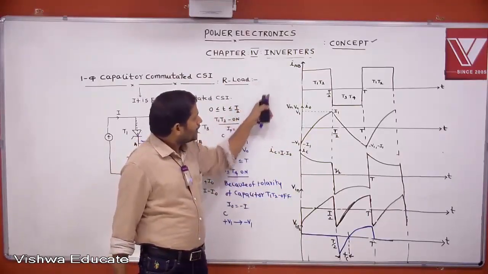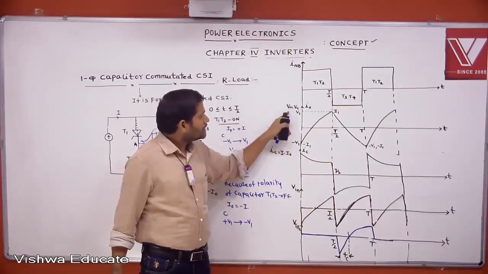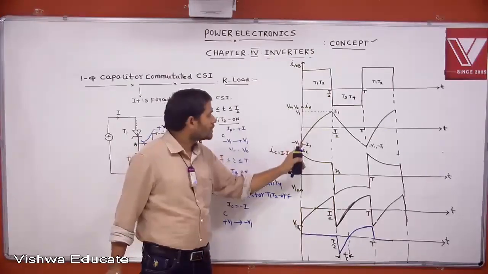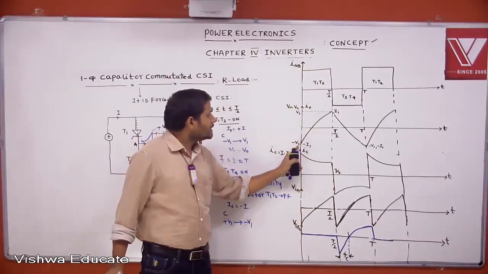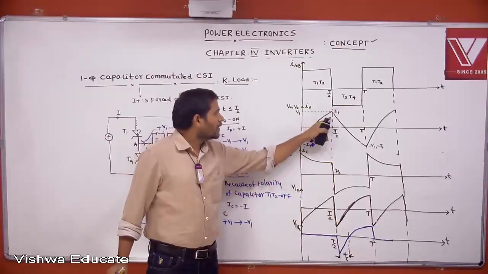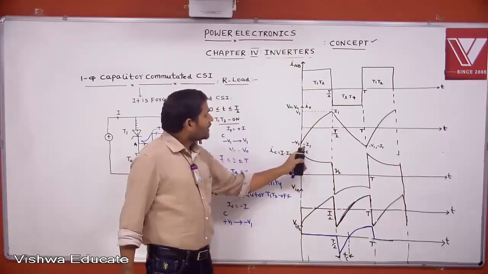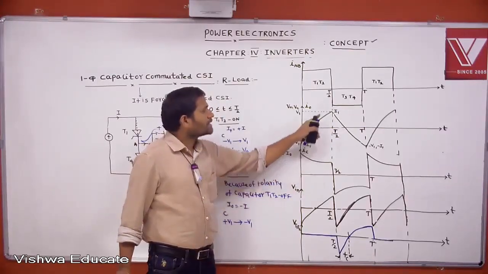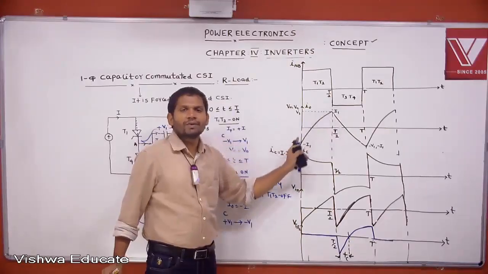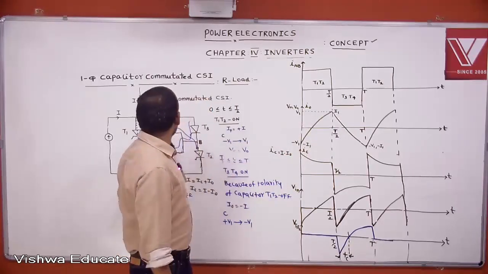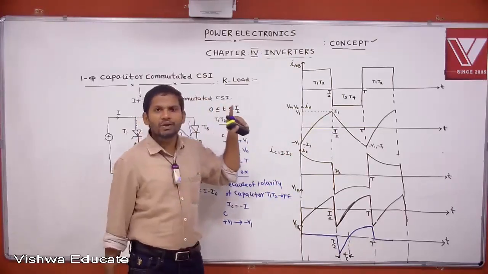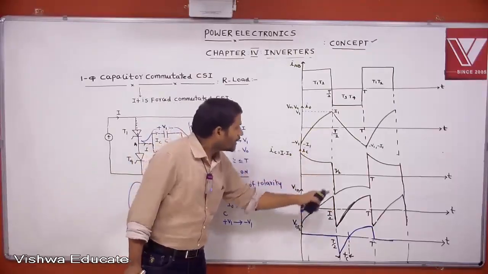This is IAB, this is V0, VC, and I0 is also the same. If the voltage is changing from minus V1 to plus V1, I am assuming the current is also changing from minus I1 to plus I1 because of the initial voltage. Assume the initial voltage is minus plus V1, as I told already. Then we can get it like this.